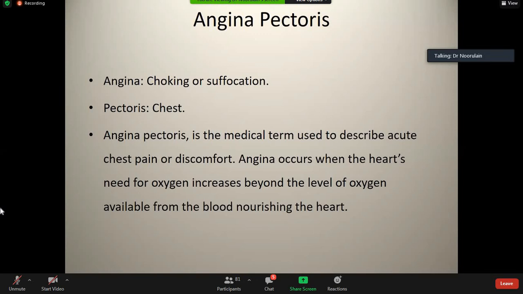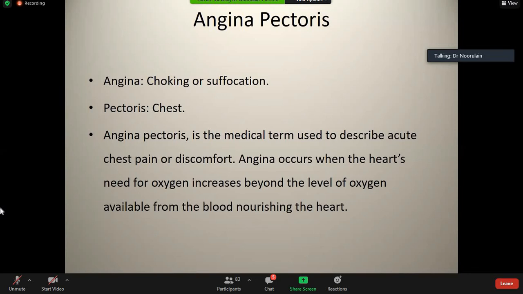Chest pain or discomfort related to a decrease in oxygen-rich blood supply. Angina is a medical term used to describe acute chest pain and discomfort. Angina occurs when the heart's need for oxygen increases beyond the level of oxygen available from the blood nourishing the heart. So there is decreased oxygen-rich blood flow.